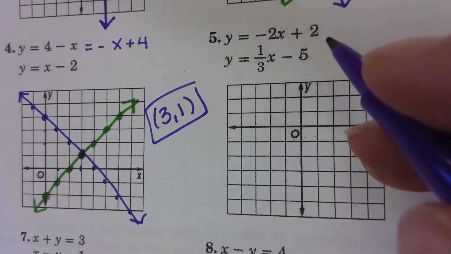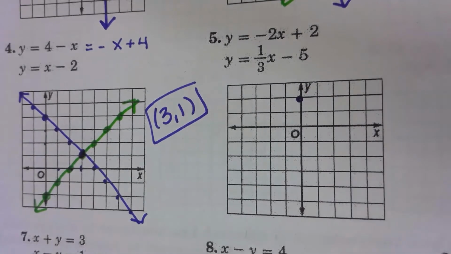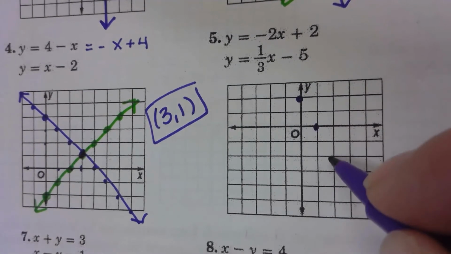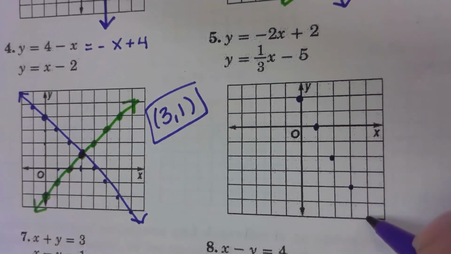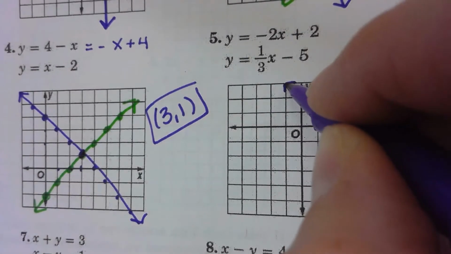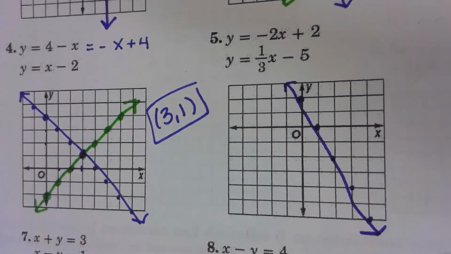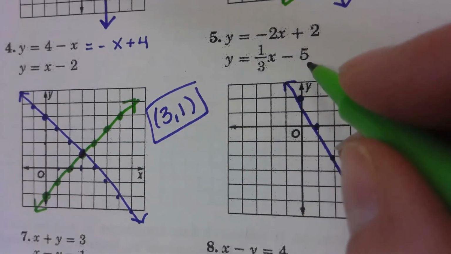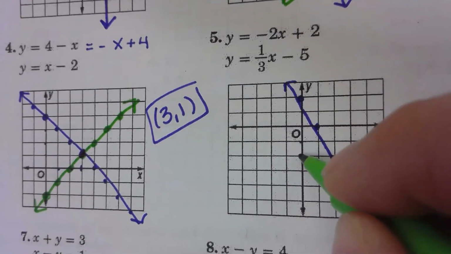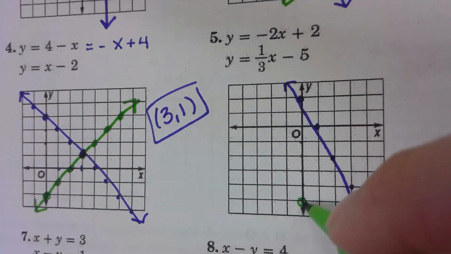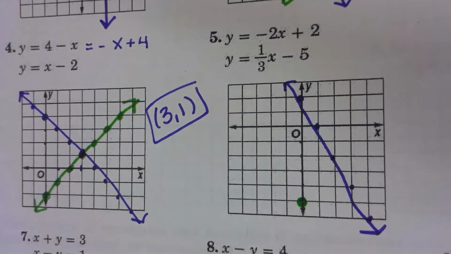In 5, your y-intercept is +2. Your slope is -2. So you're going to go down 2 and over 1. In part 2, my y-intercept is -5. So you always start on the y-axis at -5.